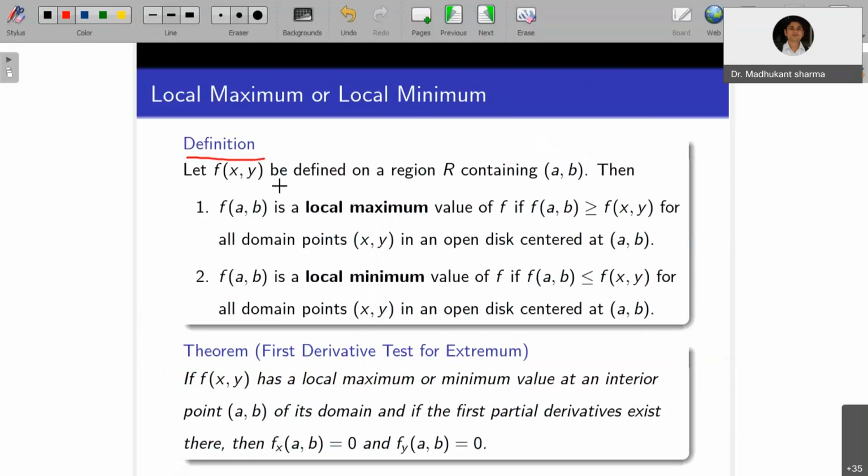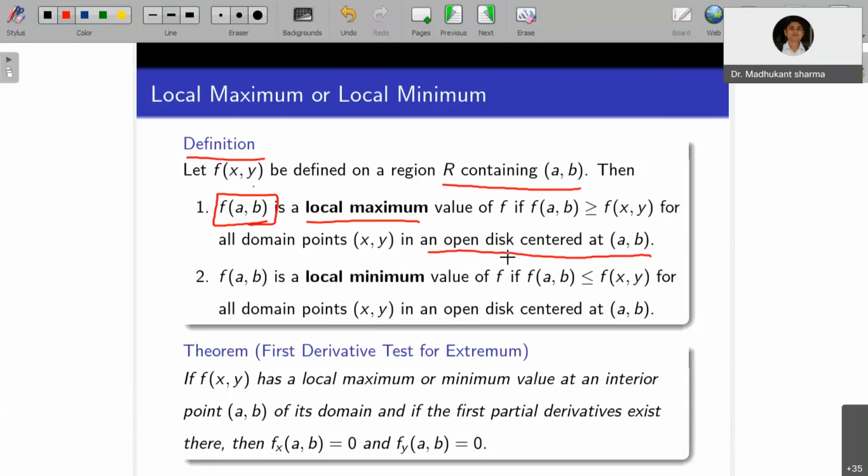Let f of x, y, read carefully, be defined on a region R containing the point A comma B. Then we say that f of AB, the f value at the point AB, is a local maximum when certain things happen. If you are able to obtain an open disk centered at the point AB such that the f value at AB lies above all the values of f at the points which lie inside that disk.